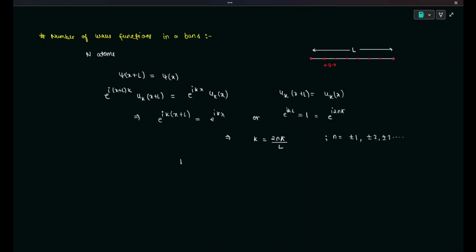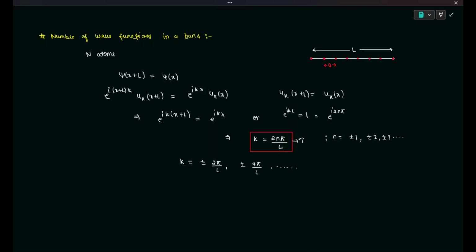Therefore the possible values of k are plus minus 2 pi by L, plus minus 4 pi by L, and so on. As you have seen, in the case of an infinite lattice these k values were infinite, but when the crystal becomes finite, only certain values of k are allowed, and we have to find the number of these k values per unit band.